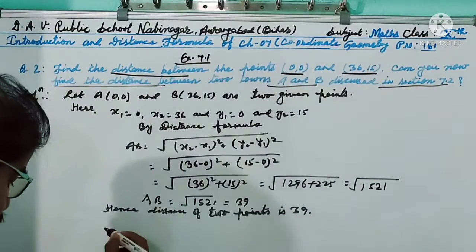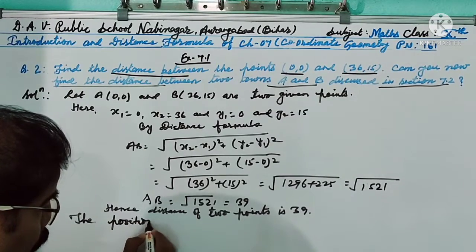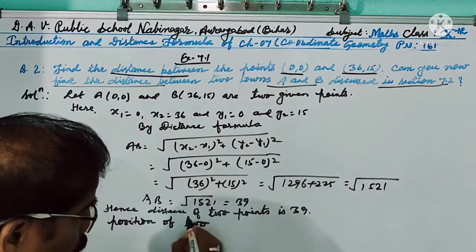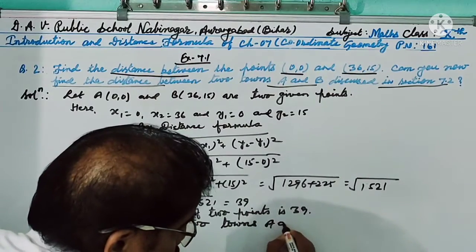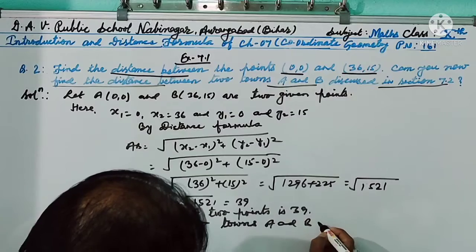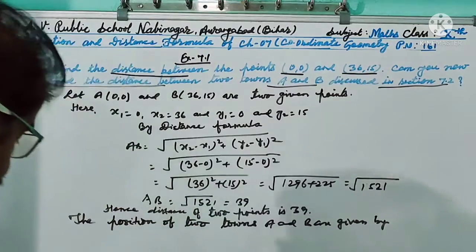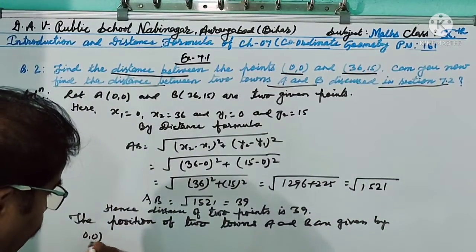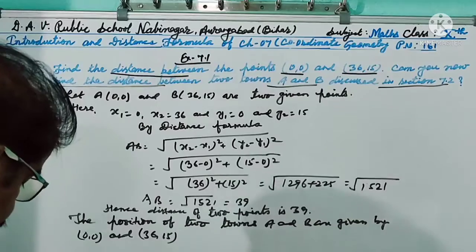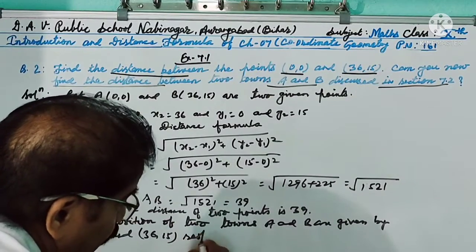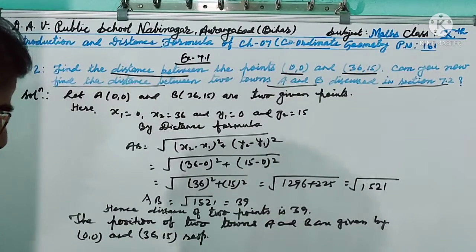So here the positions of the two towns A and B are given by (0, 0) and (36, 15).